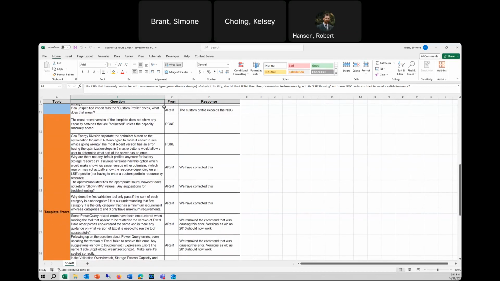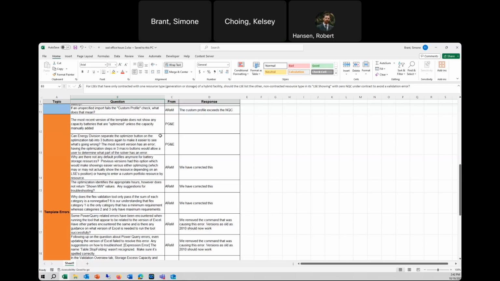All right, this next batch was about errors or issues people are having. The first one is that the most recent version of the template does not show any capacity batteries that are optimized unless it's manually added. I think this was the error that has been corrected.